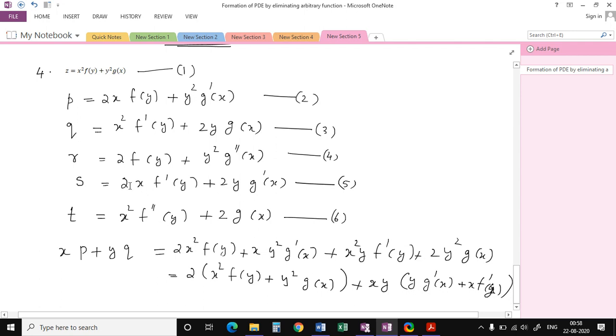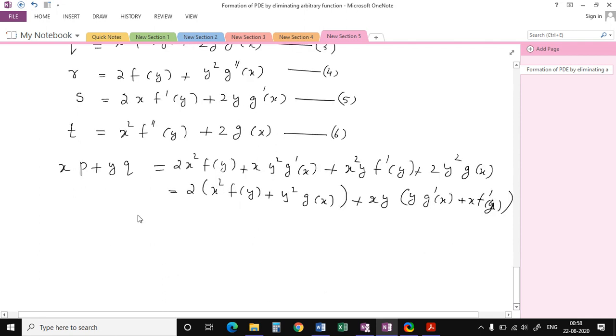So instead of that we can write it as s by 2, so that we can substitute here like this. This is equal to 2z plus xy into s by 2. This is from equation number 1 and equation number 5. So therefore we can simplify it again.